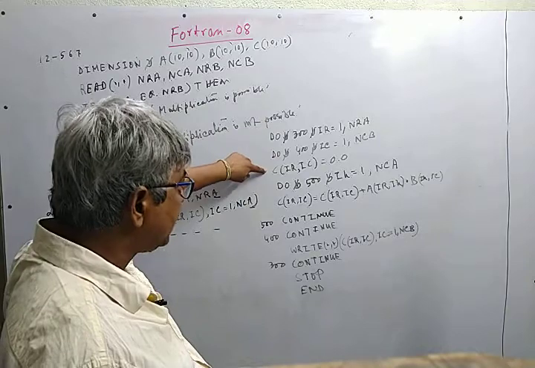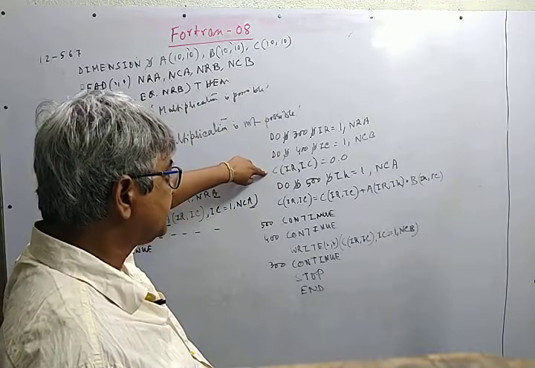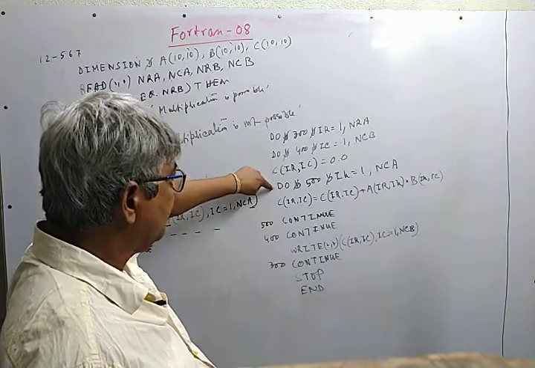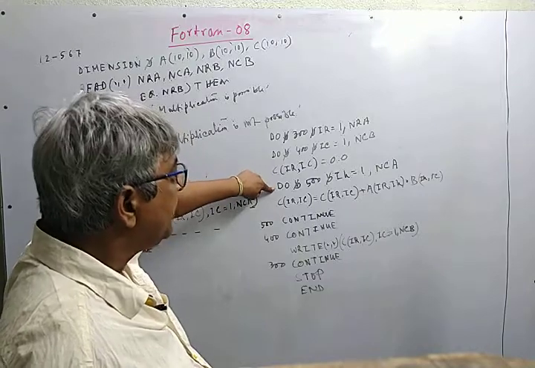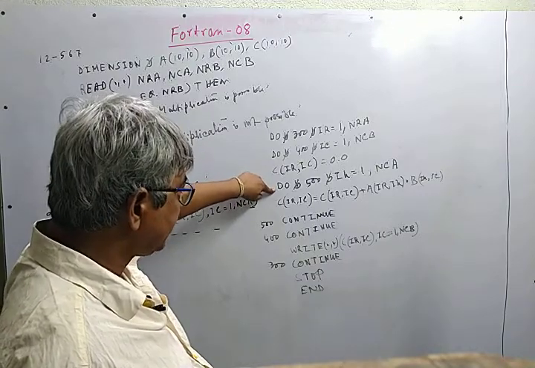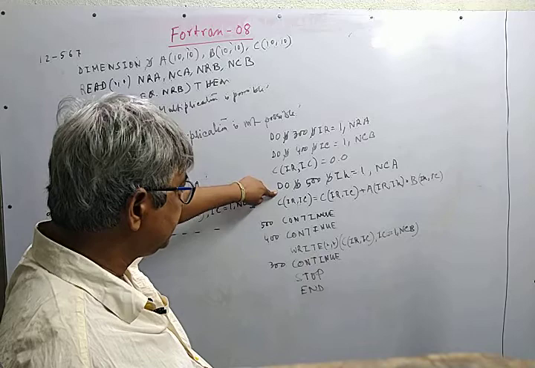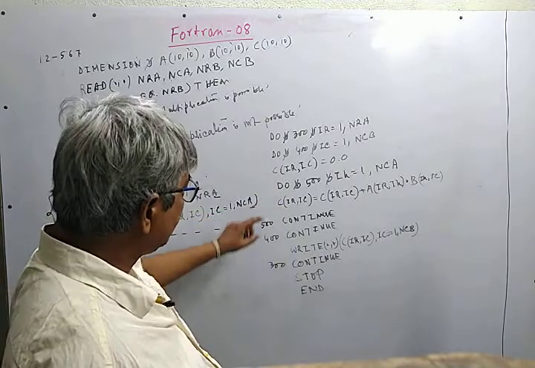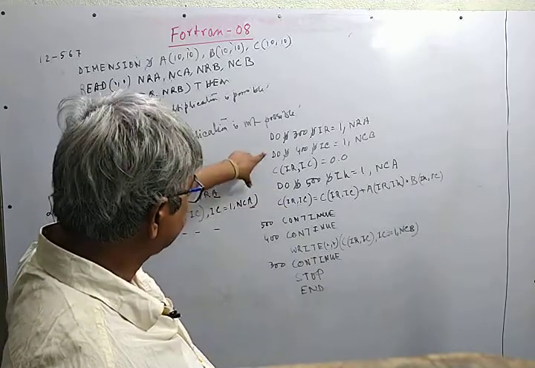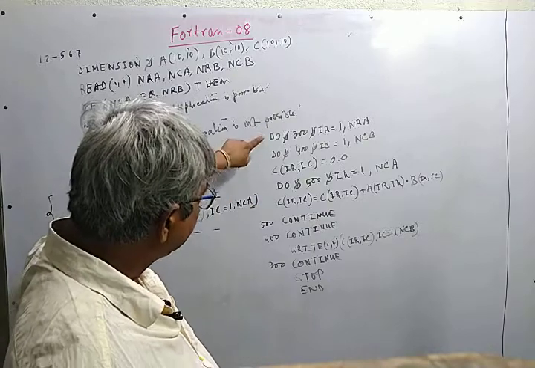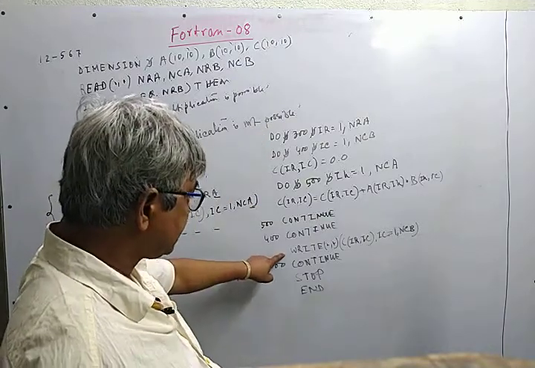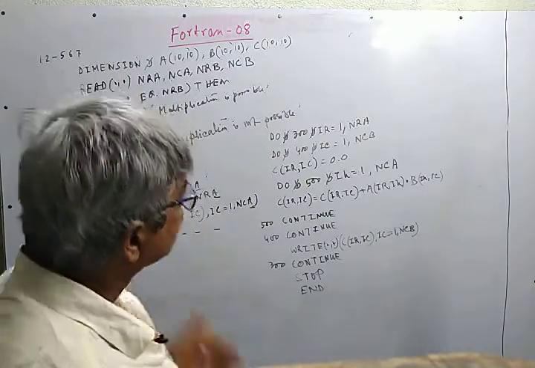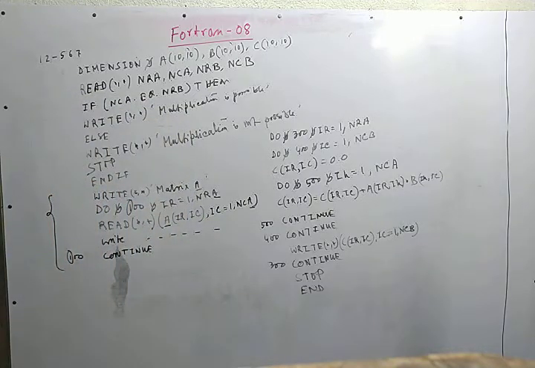Then we have initialized the elements of C, and then we have performed the loop for the row and column operation over the common indices, and then finally we have completed the inner loop, and finally we have used this loop to write the matrix and then stop. So this completes the program for the matrix multiplication.